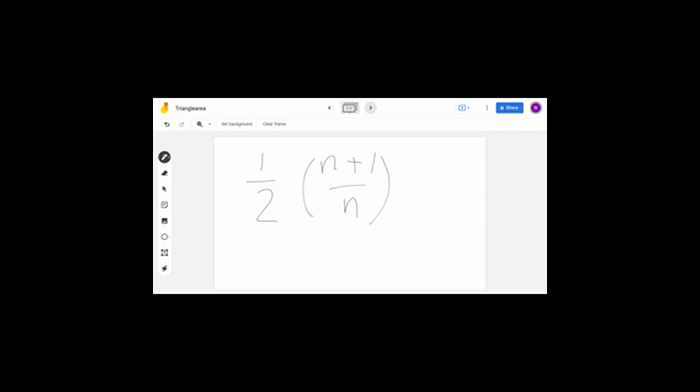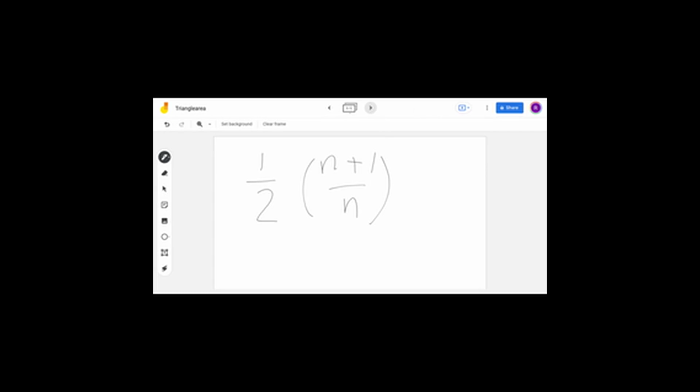Think about (n plus 1) divided by n when n is a million. What happens? Is this close to something? What is this close to? Look at this (n plus 1) divided by n. When n is 100, what is this?